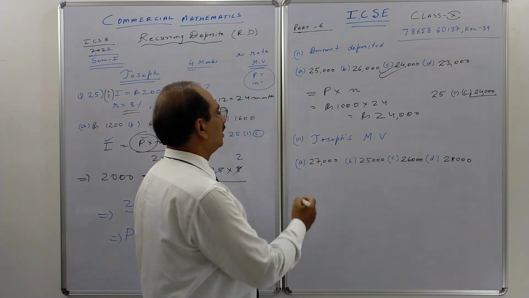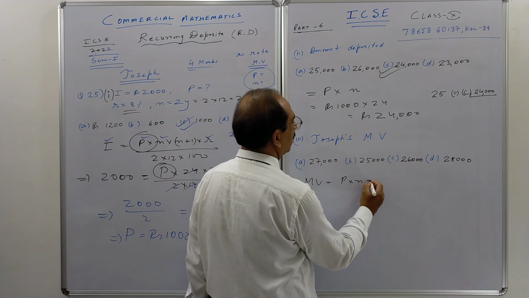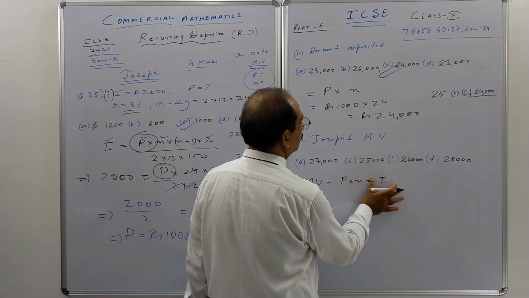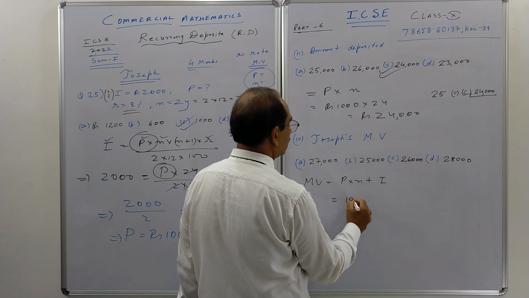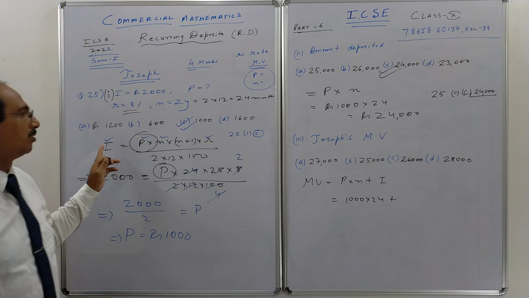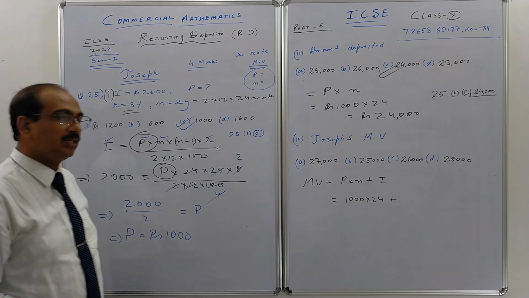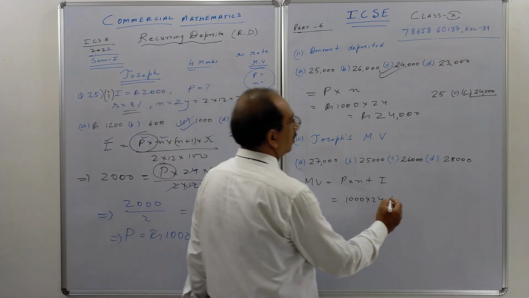How much will he get? Joseph's maturity value. Maturity value, children, is his money plus interest paid by the bank. So his money, as we have already seen, 1000 into 24, and we already know from part 1 of the question, the interest paid by the bank is 2000. We used that to find the monthly installment.